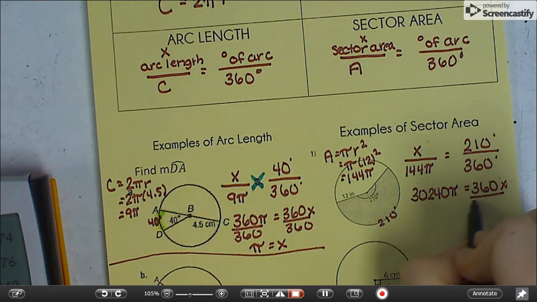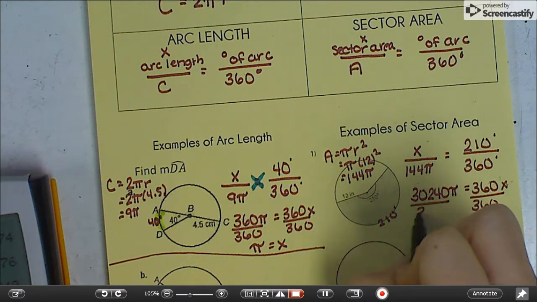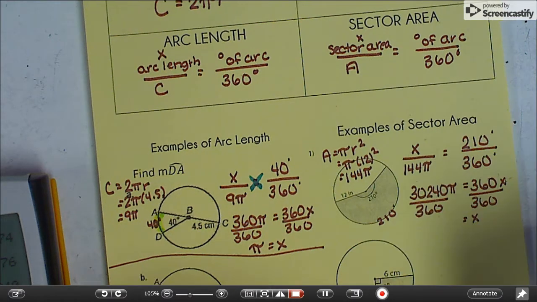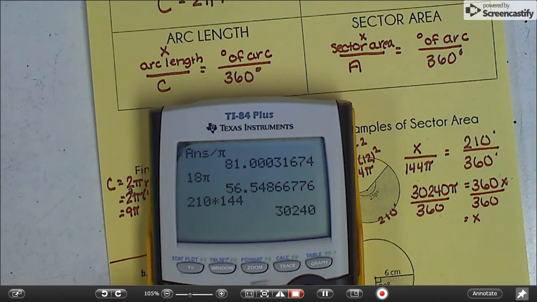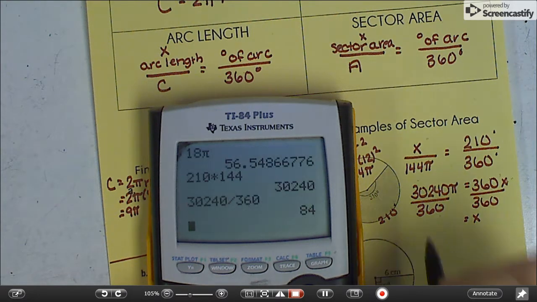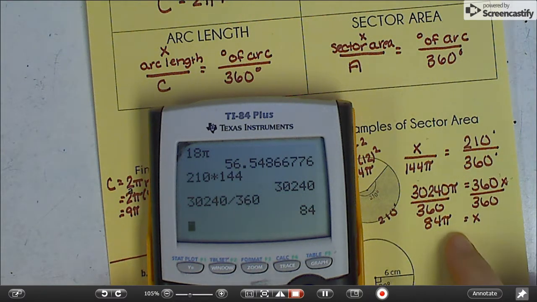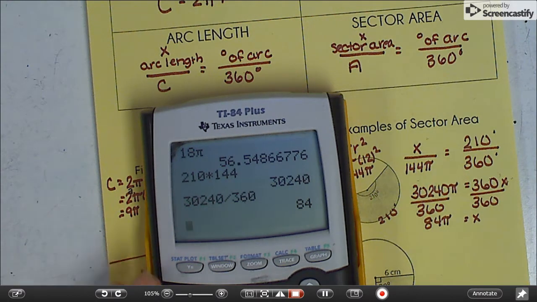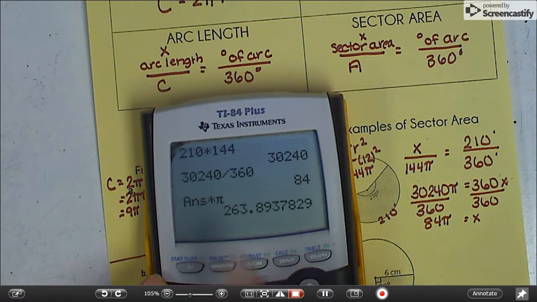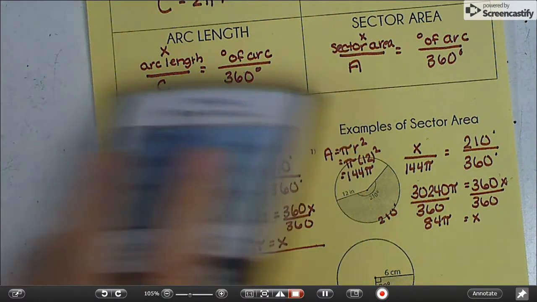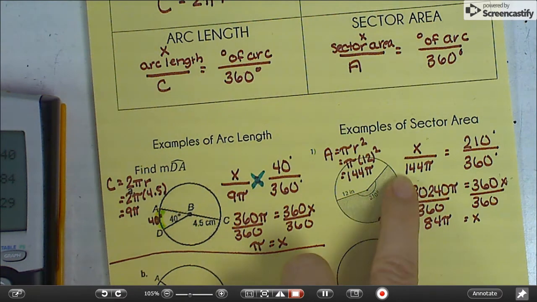We want the x alone, so we're going to divide by 360. 30,240 divided by 360 gives me 84 pi. This is the answer in terms of pi. If you would prefer to see what that means, you can multiply it by pi. And it's about 264 inches around.